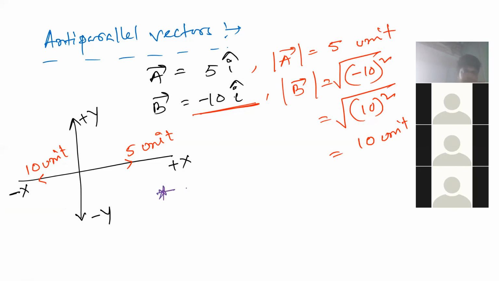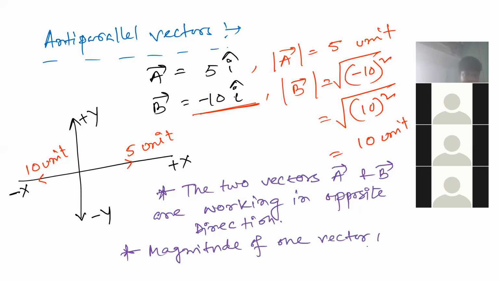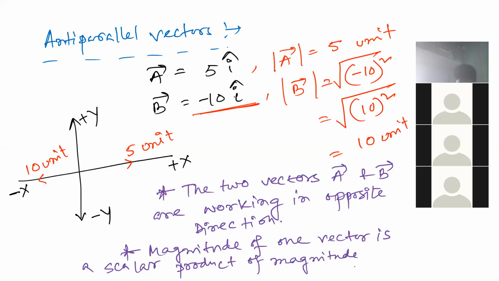The first condition: the two vectors, A vector and B vector, are working in opposite directions. The second point: the magnitude of one vector is a scalar product of the magnitude of another vector.